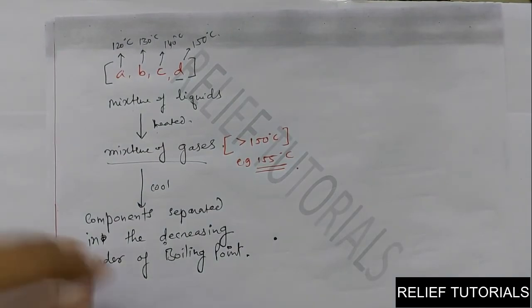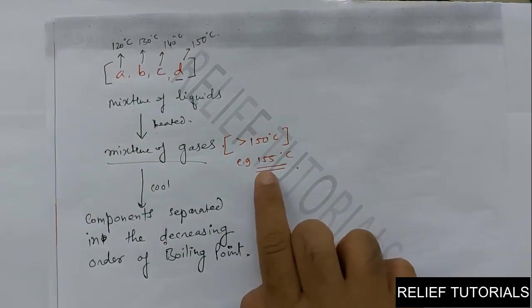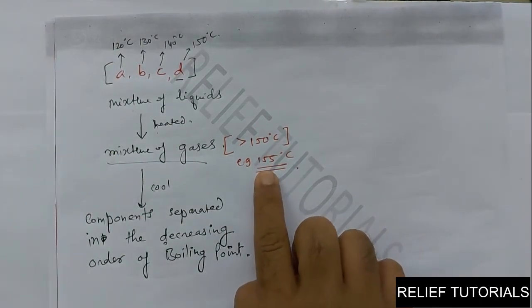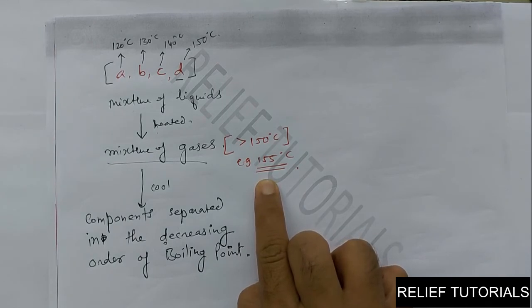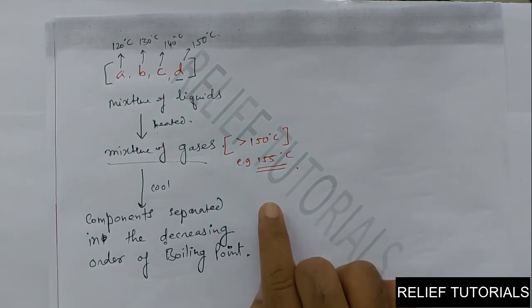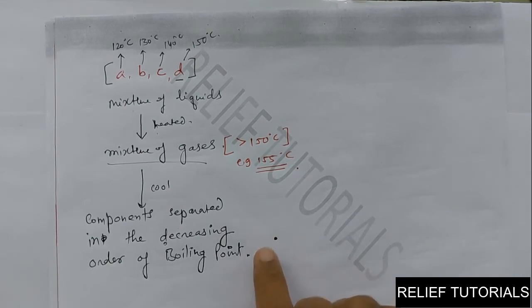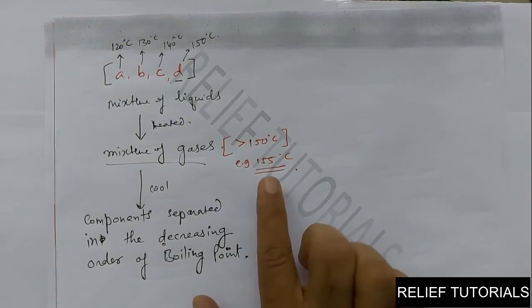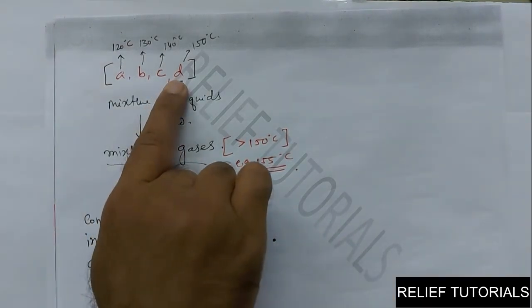Okay, now try to cool them. Now gradually you will cool them, the temperature decreases. So as the temperature is 155, when you start to cool it slowly, 155 to 154 to 153 to 152 to 151, and as the temperature reaches 150, D starts to convert into liquid state.